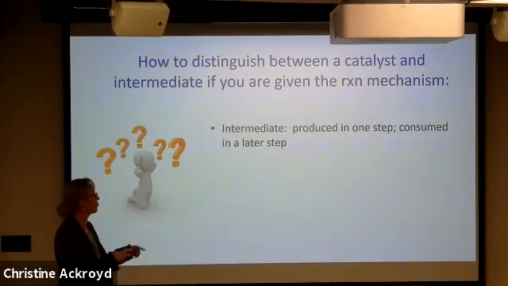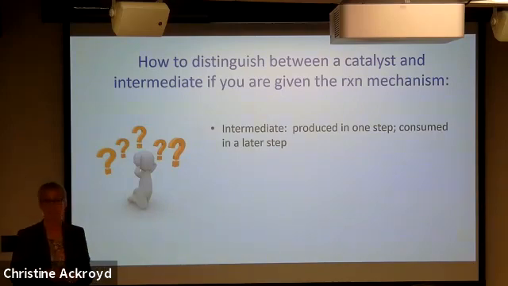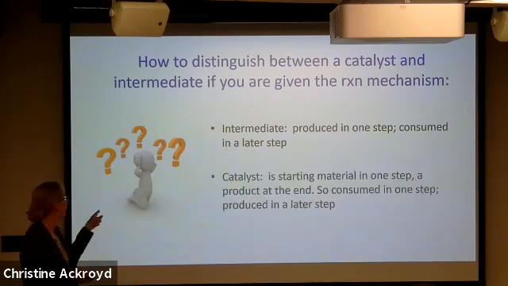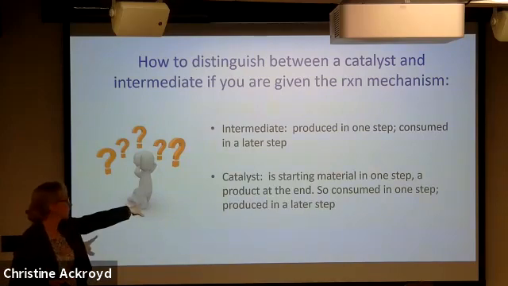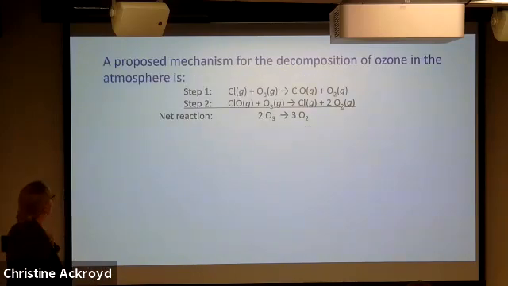An intermediate is produced in one step and consumed in a later step. What do you think a catalyst is? It's the opposite. It's consumed in one step and produced in a later step. So you have to look at the elementary steps to figure it out.